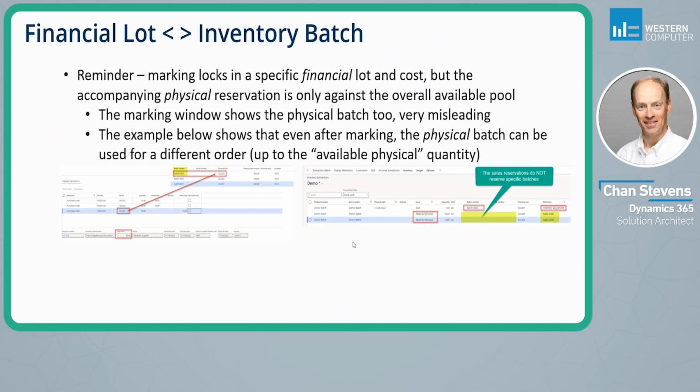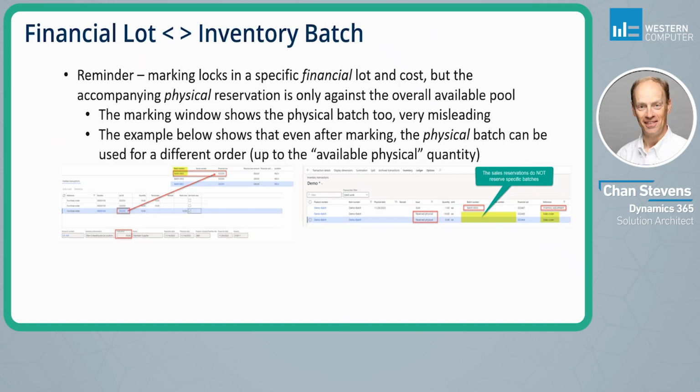The right side of my screen shows that even though I've marked and reserved that financial lot, somebody sneaked in there while I was doing this slide deck and grabbed and shipped one unit, or inventory adjusted away one unit, of physical batch 003. So that shows that even though I marked and reserved what might look like inventory batch 003, I wasn't affecting that inventory batch.